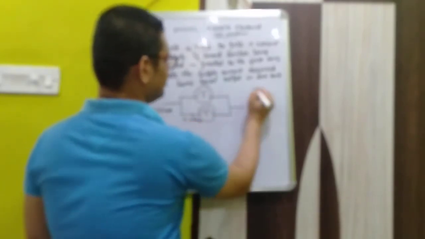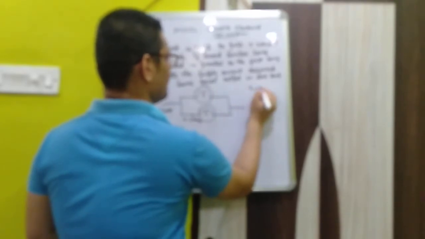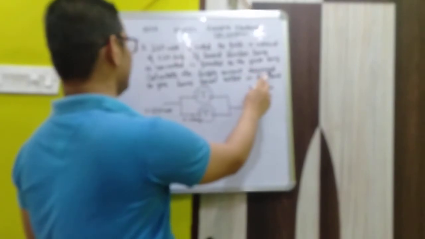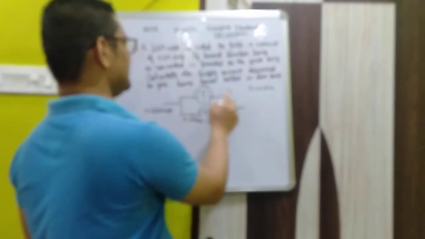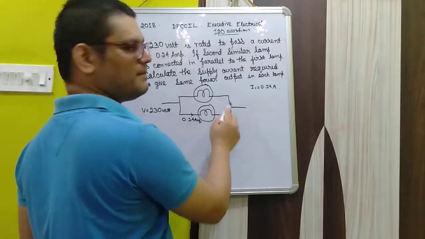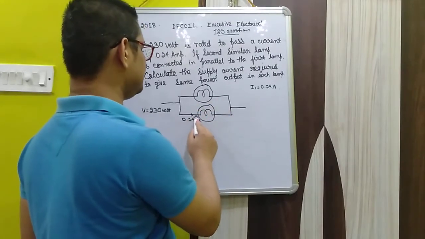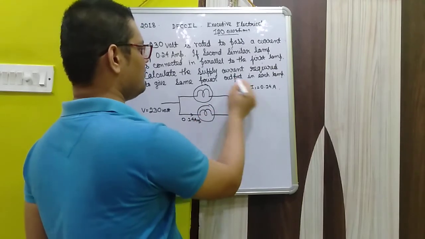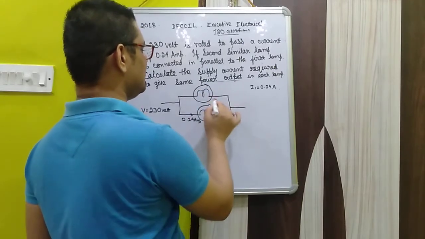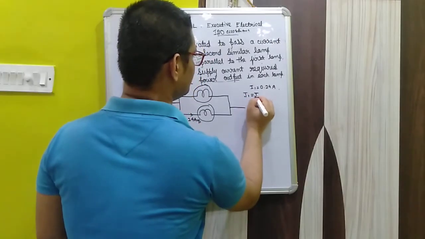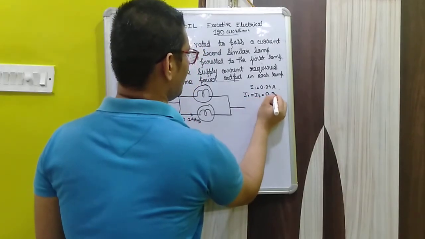So I1 is 0.24 ampere. If the power output is the same, that means the same current passes through both lamps. So I1 will be equal to I2, that is 0.24.